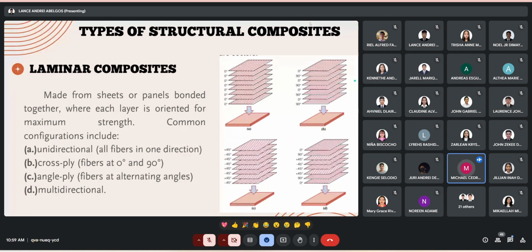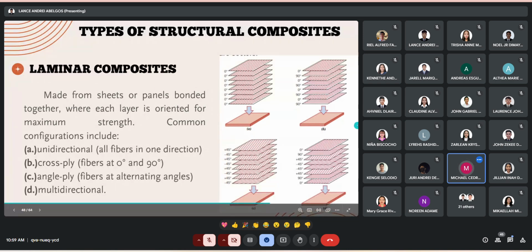While in cross-ply, its fibers are stacked together at a 90 and 0 degree angle. And angle ply is kind of the same as cross-ply, but now its fibers are alternating at an angle. Like in the figure where it's at positive 45-degree angle and negative 45-degree angle.